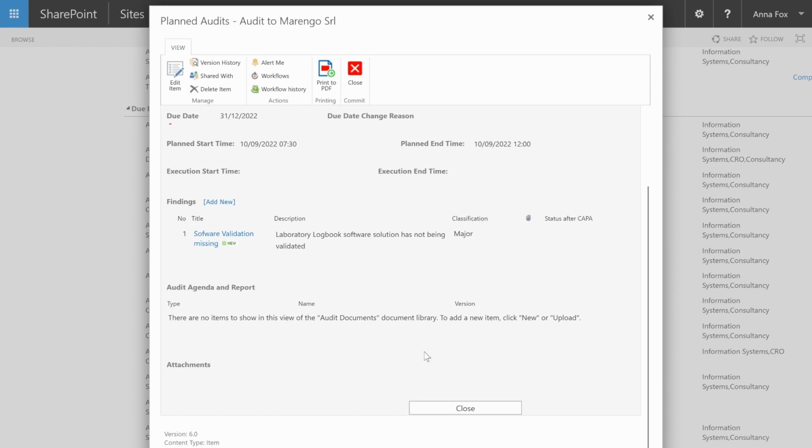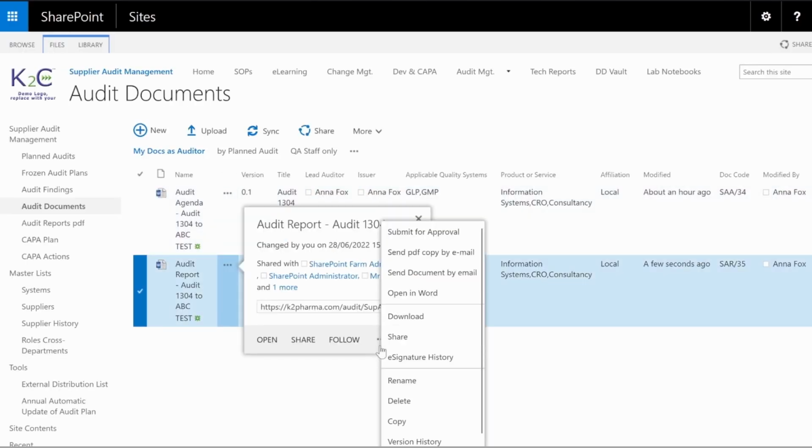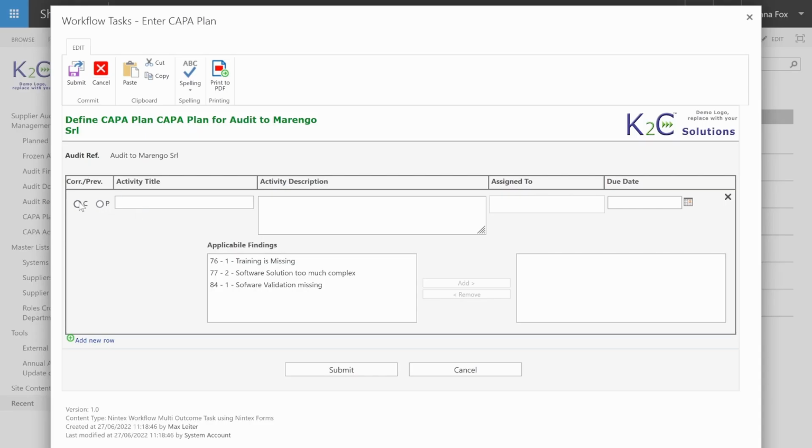Each finding is managed as a single record, but also automatically imported into the audit report that can be electronically approved. If an approved audit report contains findings, these can be managed online by defining appropriate corrective and preventive actions that are usually agreed with the audited party.